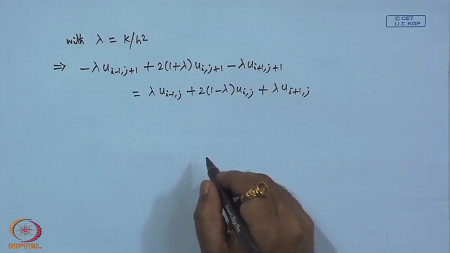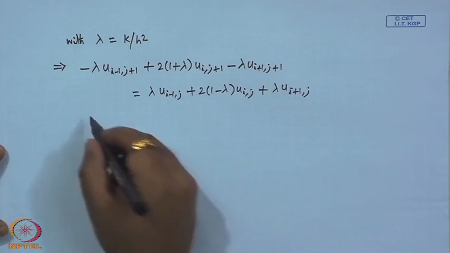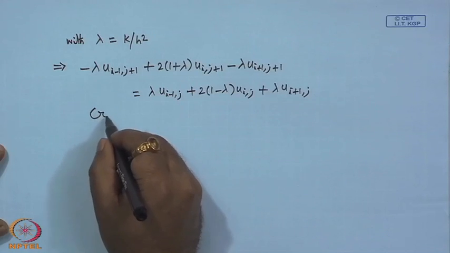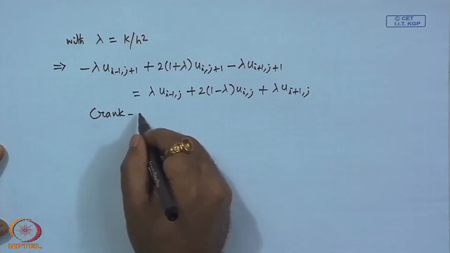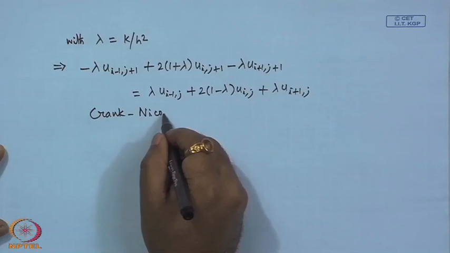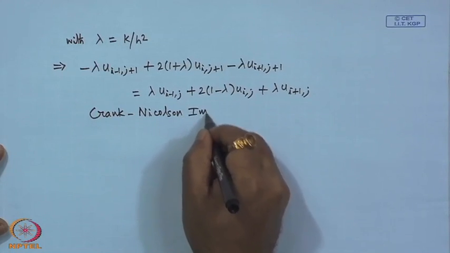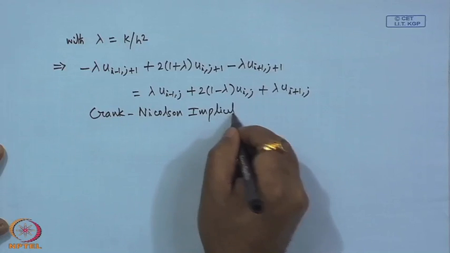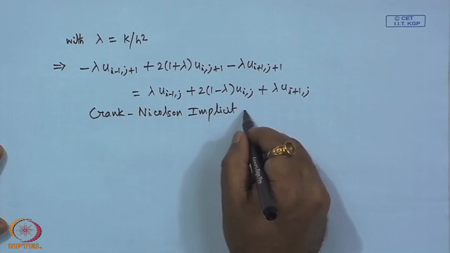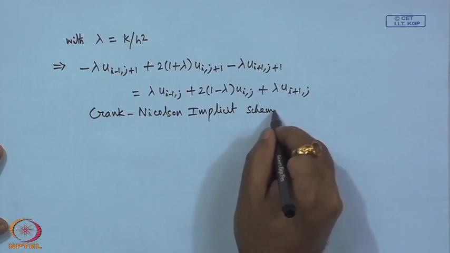So, this is called very popular Crank-Nicholson implicit scheme.